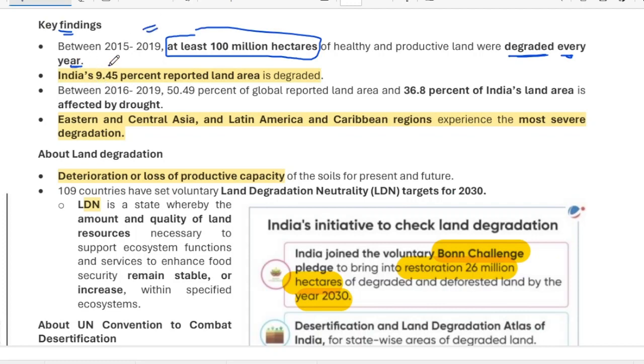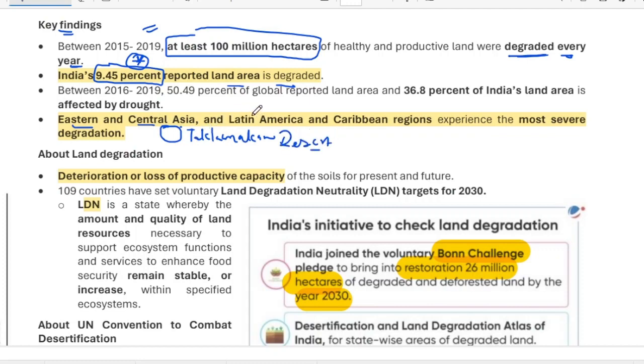India's 9.45%, you must remember this data, because this is about India and hence it gains significance. 9.45% of the reported land area is degraded in India. Where is this area? Areas like Eastern and Central Asia, where the Taklamakan desert is there.